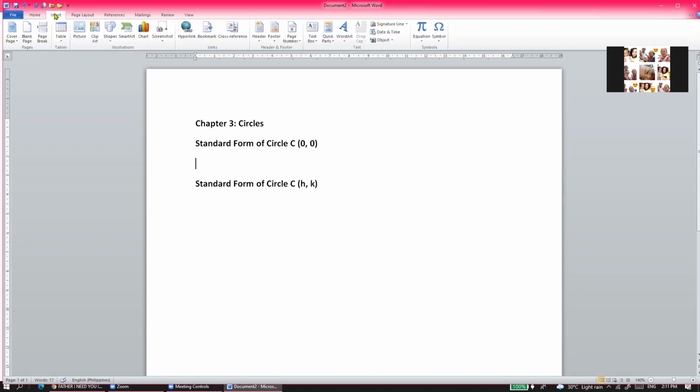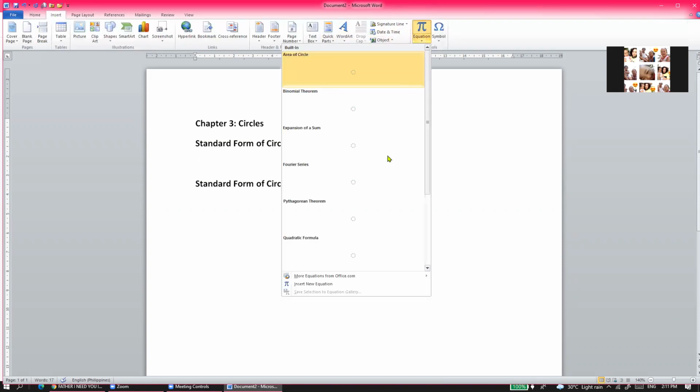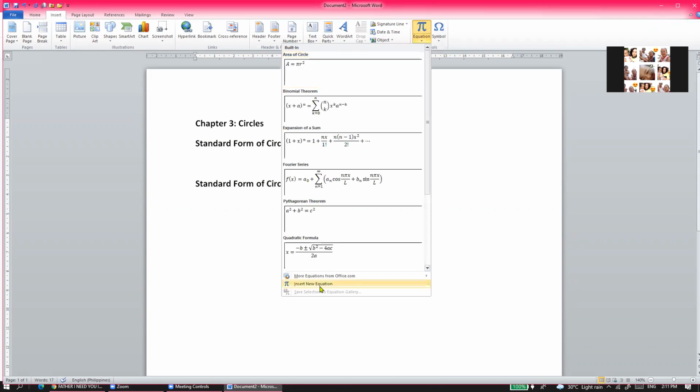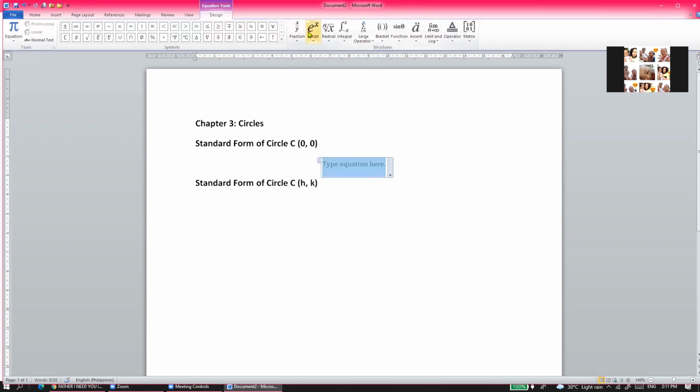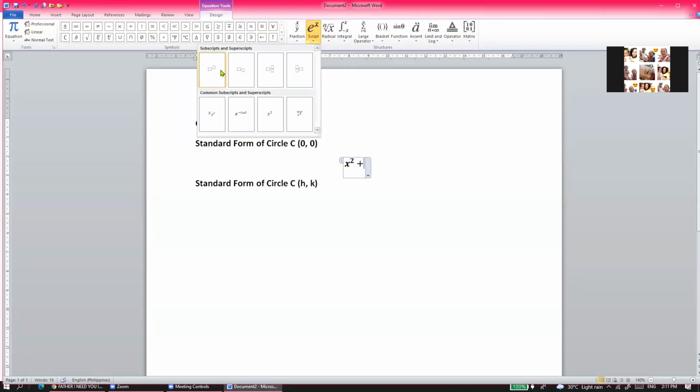This is the standard form that we use when the circle center are both zeros, yung abscissa and the ordinate. So ito yung equation natin na lagi ninyong tatandaan dapat. We have x square plus y square is equal to r square.